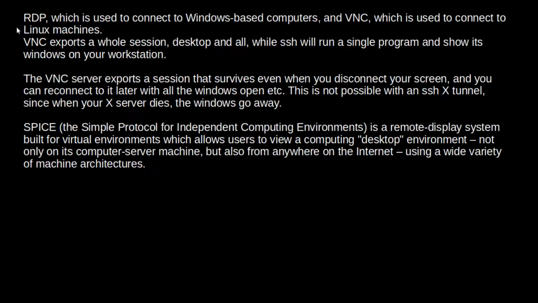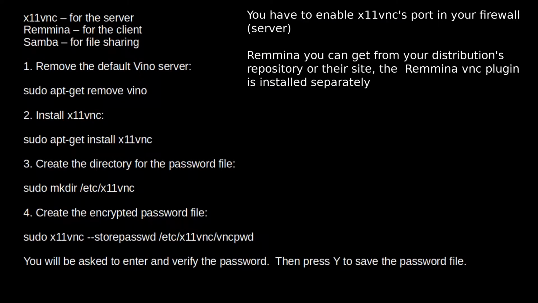If you're connecting Linux to Linux, then you would use VNC. You can also try and make it more secure via an SSH tunnel, if you know how to do that. And that's pretty much it for the server setup.